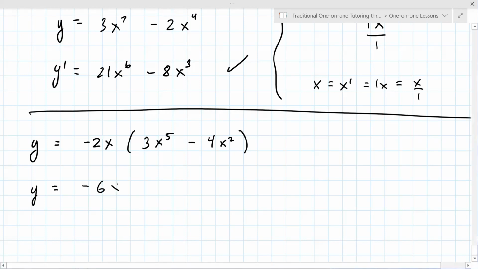So this is important. It's negative 36x to the 5 plus 24x to the 2. Perfect.